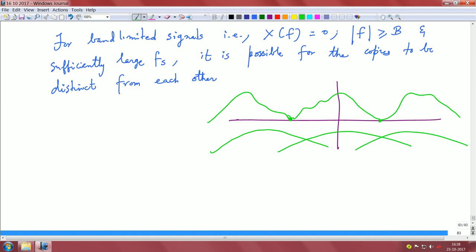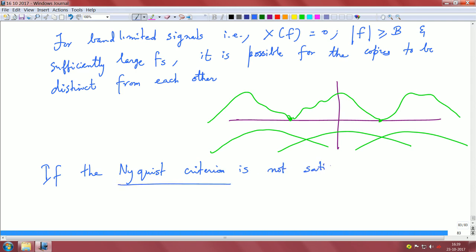Okay. Now if the Nyquist criterion is not satisfied, adjacent copies overlap, and this will imply aliasing effect.